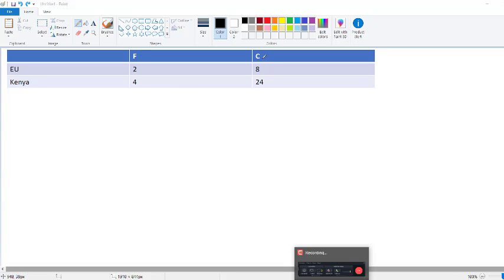And similarly for chemicals, we find that the EU uses only 8 laborers compared to 24 used by Kenya. So the EU has absolute advantage in both food and carbon.